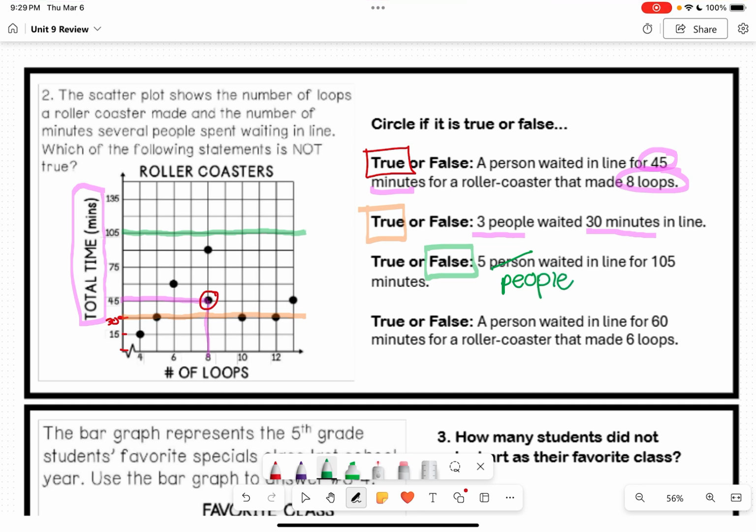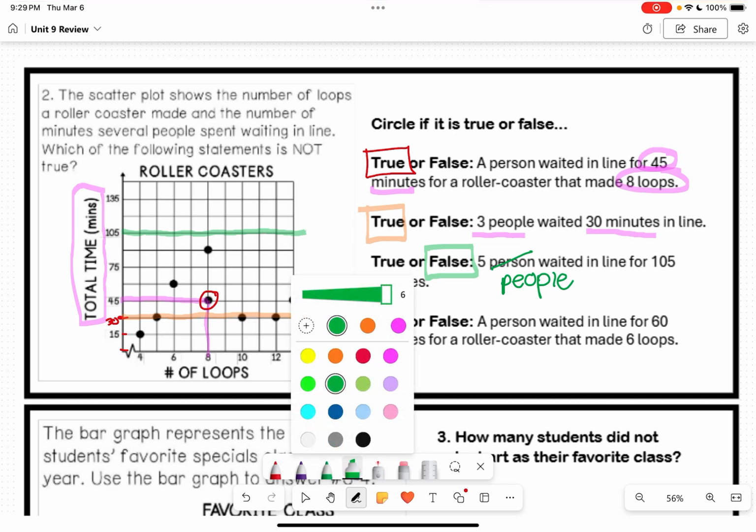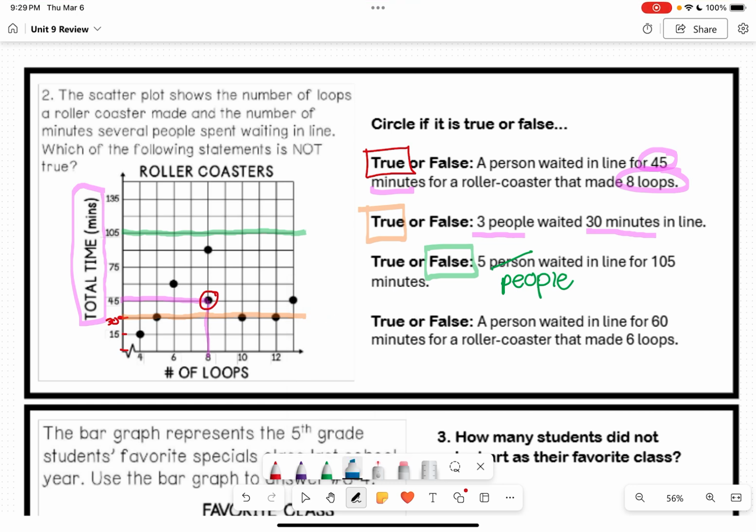All right, next one, true or false? A person waited in line for 60 minutes for a roller coaster that made 6 loops. Okay, so I'm going to change my color one more time. Let's do blue. We haven't done that one. So it says 60 minutes and it made 6 loops. So I'm going to find my 60 minutes. Again, we're counting by 15.